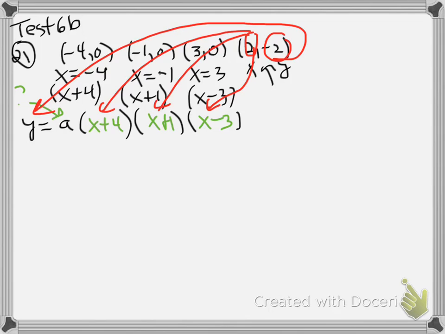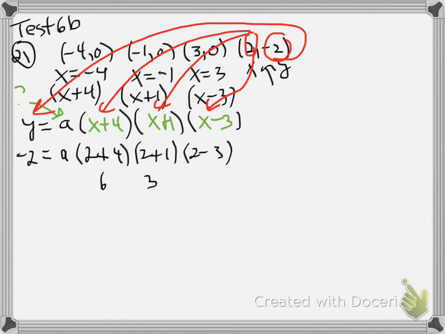So -2 equals a times 2 plus 4, 2 plus 1, and 2 minus 3, and that's 6, 3, -1. So -2 equals -18a, and you get 1/9 for a.